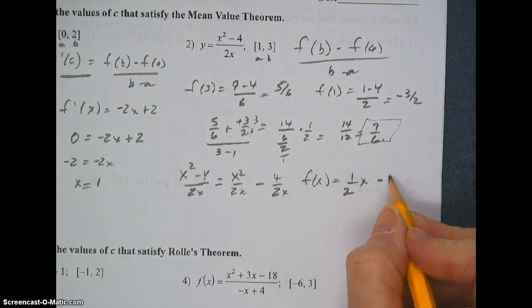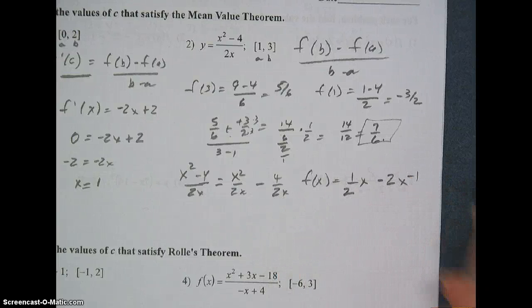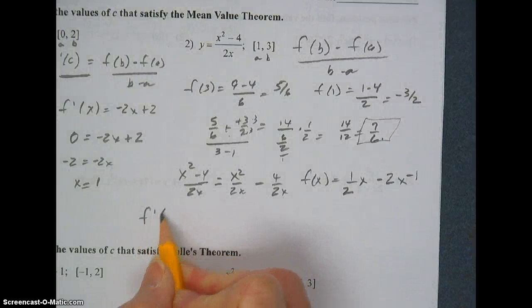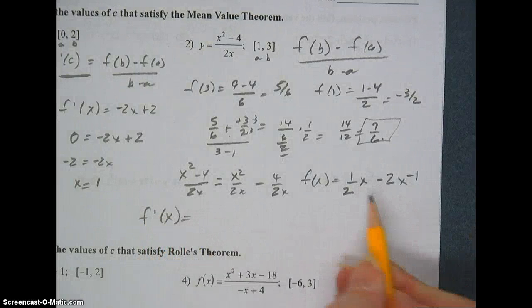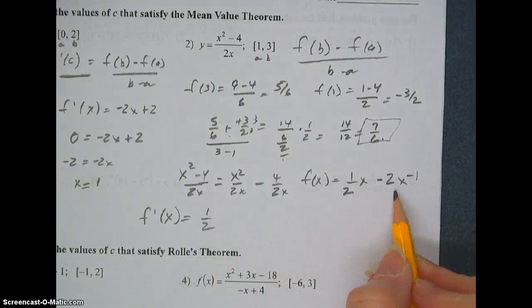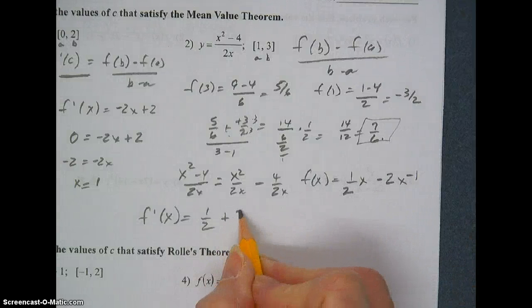This simplified will be -2 times x to the -1. So we're charged with finding the first derivative. The derivative of 1/2 x is just 1/2. Taking the derivative of -2x to the -1, bring down the power and take it to one less power.